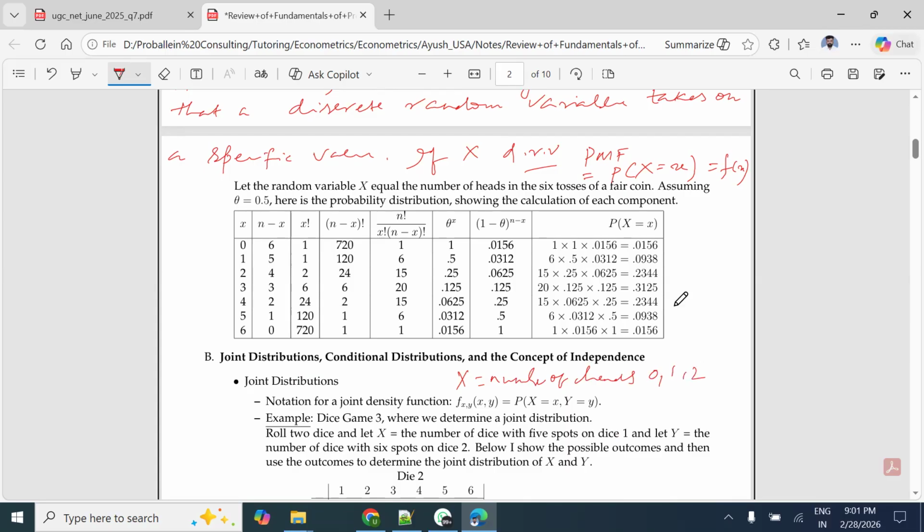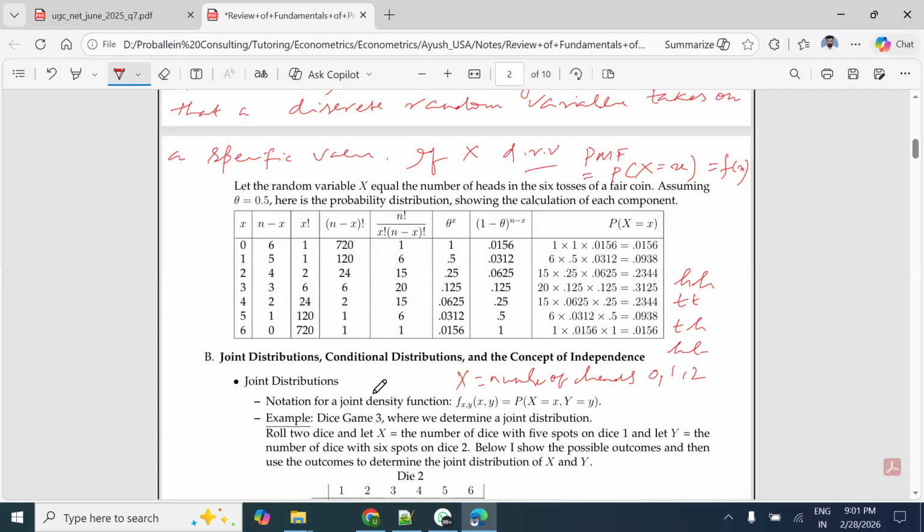The outcomes are TT, TH, HT, and HH, which is 2 to the power 2, so 4.